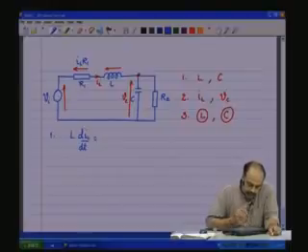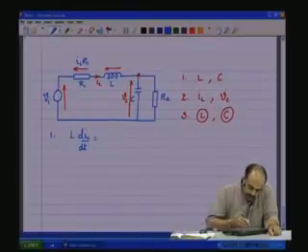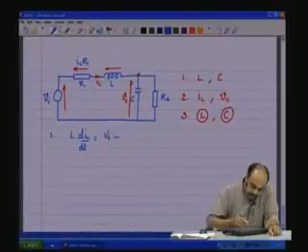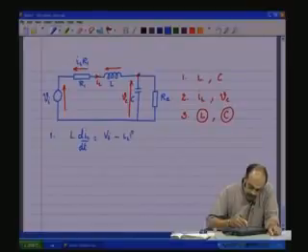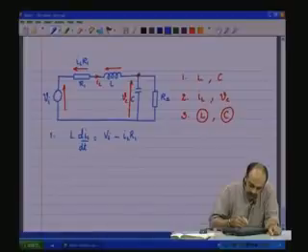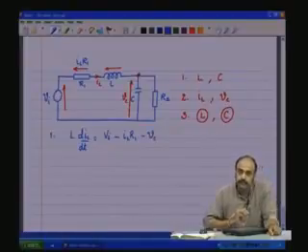So, now looking at the graph circuit here and applying KVL, L di by dt is equal to Vi minus IL R1 will be the voltage of this node with respect to ground, and the voltage of this node with respect to ground minus Vc.